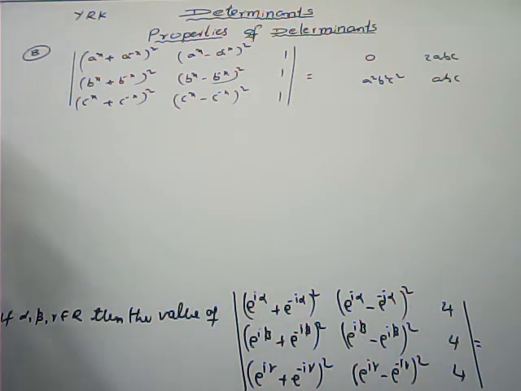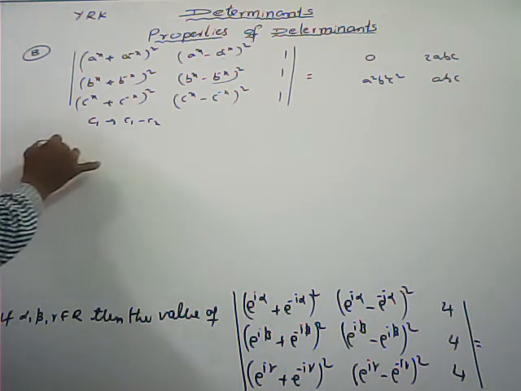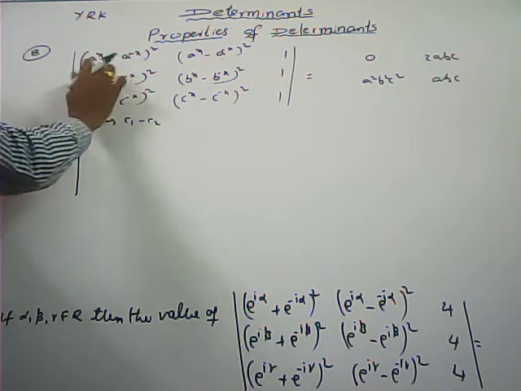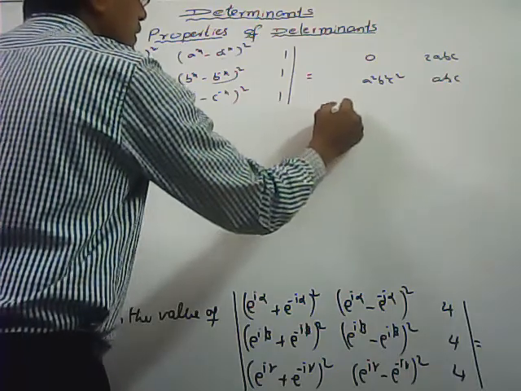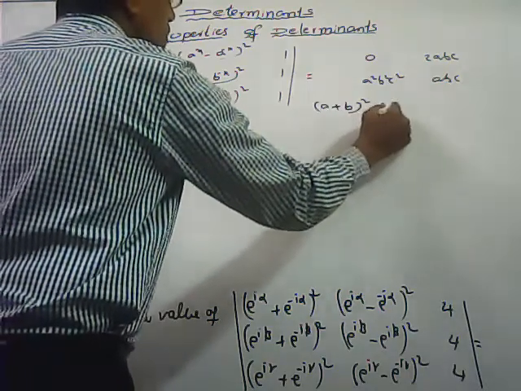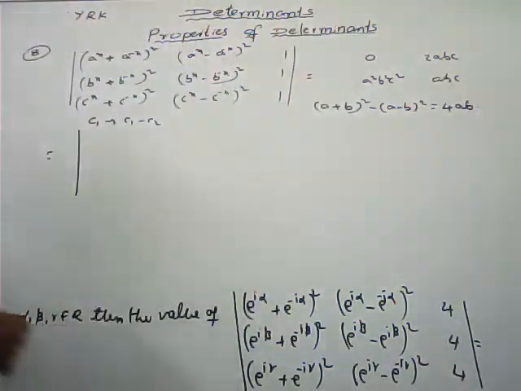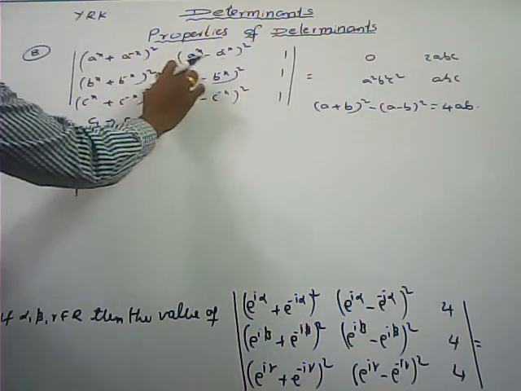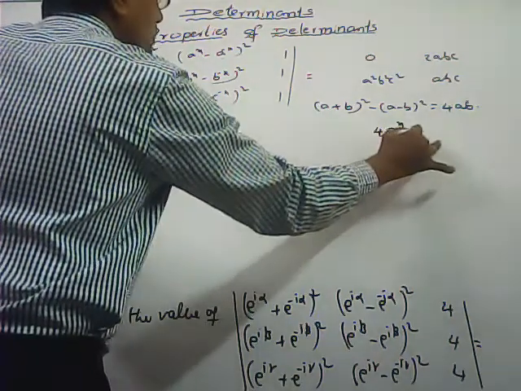Here what I am doing, C1 tends to C1 minus C2. Here C1 minus C2, if I do that, A plus B whole square minus A minus B whole square. Here an identity is there: A plus B whole square minus A minus B whole square equals 4AB. So here we can write a plus b whole square minus a minus b whole square equals 4 into a power x into a power minus x.